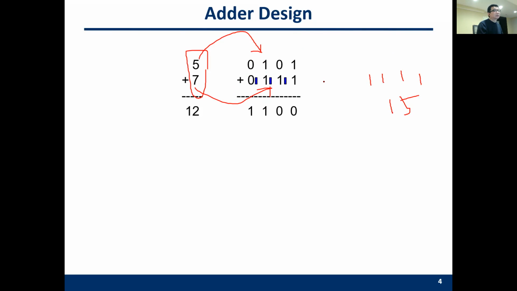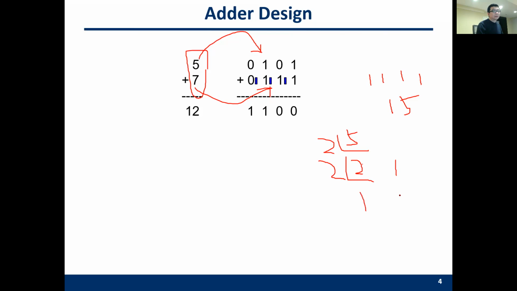So let's review how to do the conversion. When you try to convert 5 to the binary representation, you divide 5 by 2. You get the result and the remainder. The remainder is 1. The result is 2. Continue to divide it by 2.